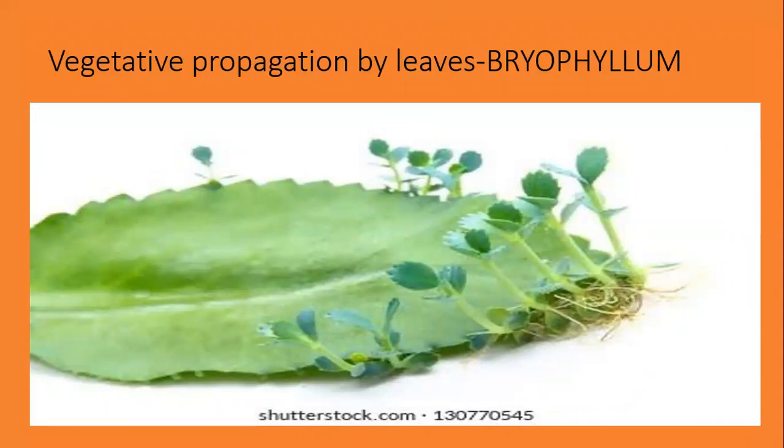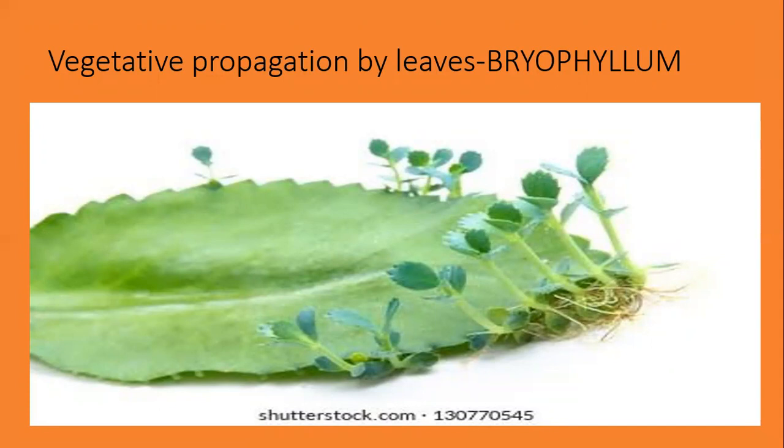Now, let us study about the vegetative propagation by leaves. Leaves of some plants like bryophyllum and begonia produce adventitious buds on their margins. When the leaf falls on the moist soil, these buds develop into small plantlets.